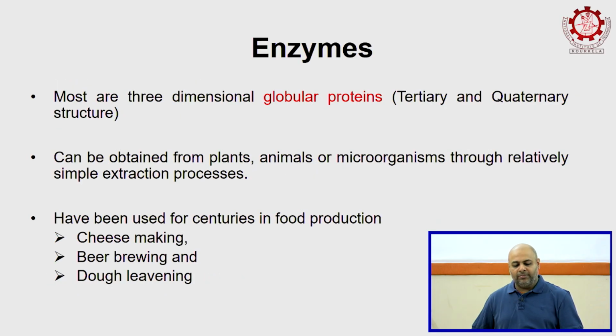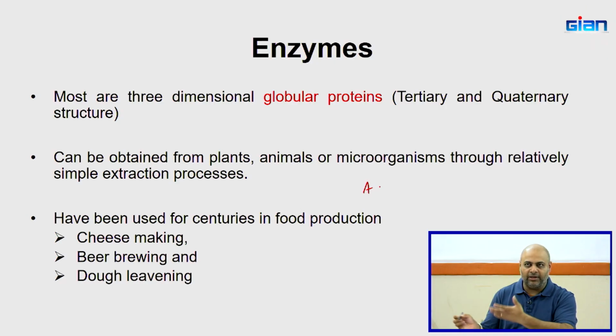Now, most of them are three-dimensional globular proteins. That means the tertiary and the quaternary structure. So, when we were discussing the structure of the DNA, we talked about the ATGC, but we didn't talk about the structure of the protein, right? Now, proteins are made up of amino acids. So, if you have amino acids, let's say I'm just going to use A, B, C, D, E for that.